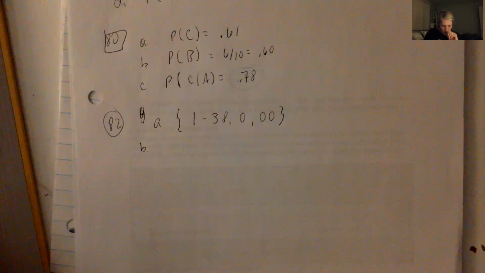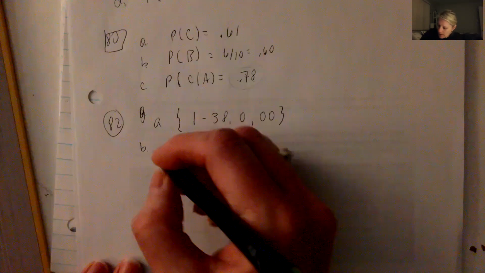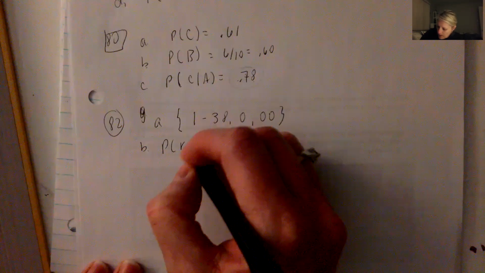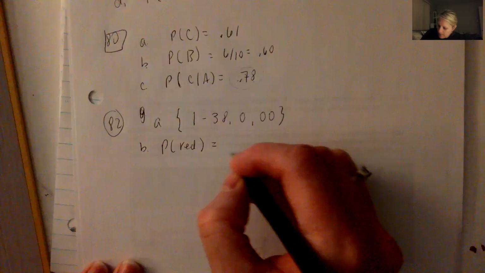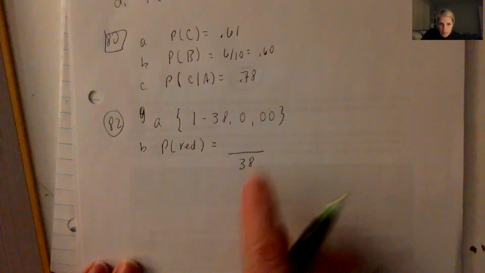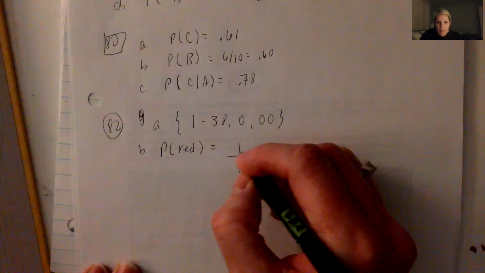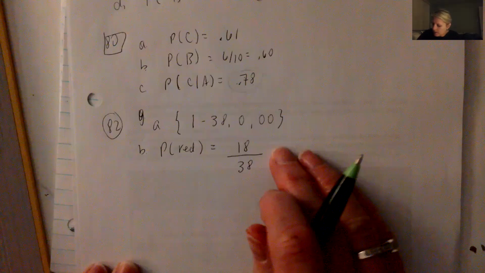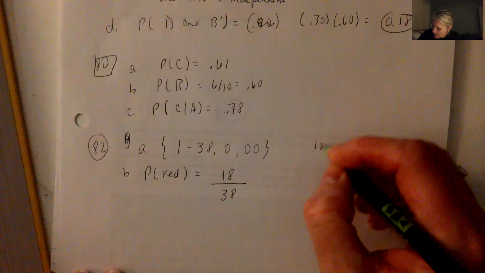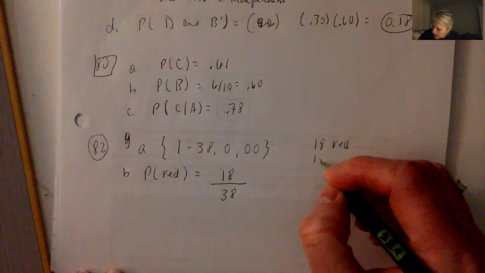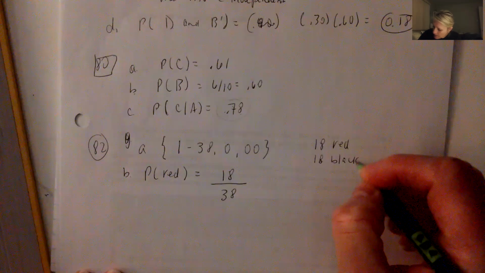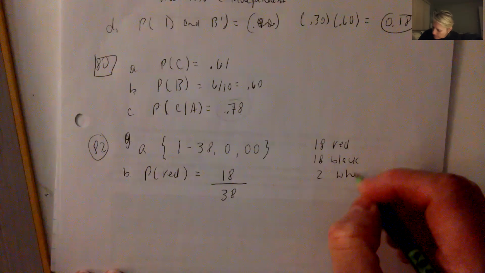You bet on red. Find the probability of getting a red. So the probability of red is, there's 38 possibilities and there are 18 red. 18 are red. So let's just write this out. 18 are red, 18 are black, and then 2 are the white, the 0 and the double 0.